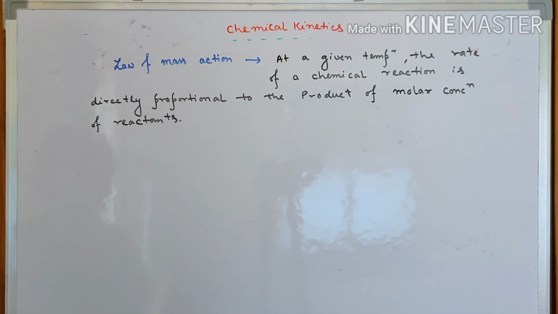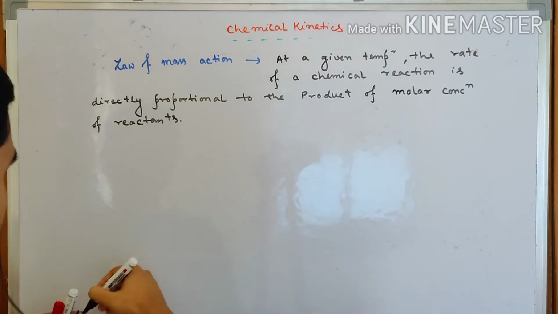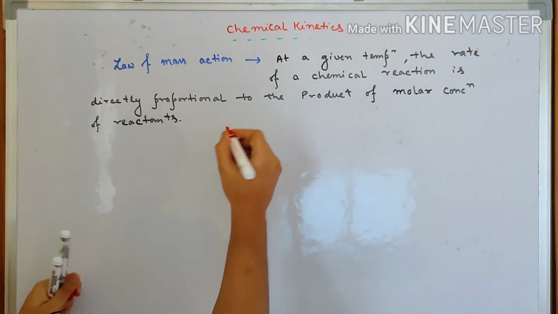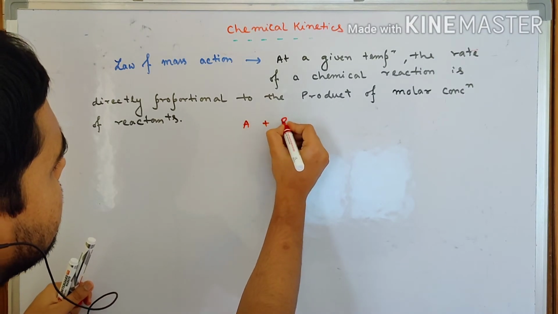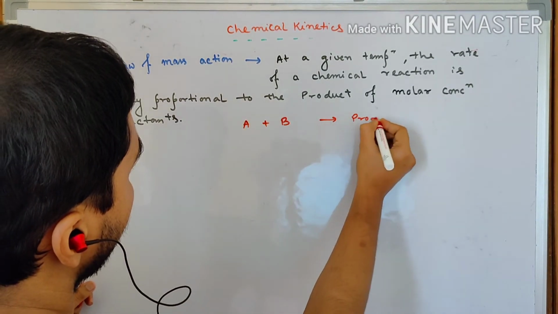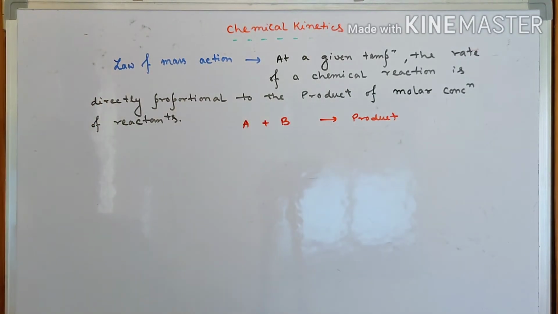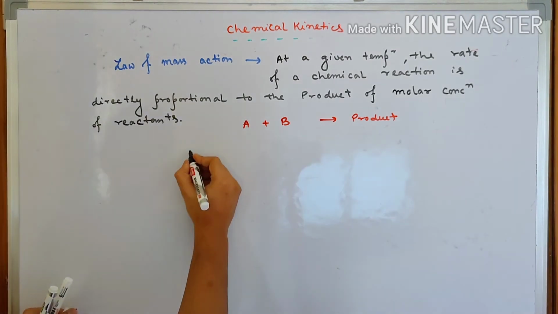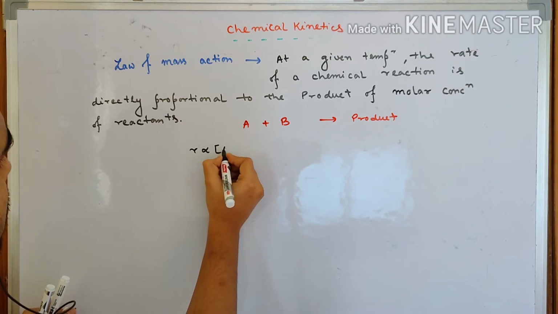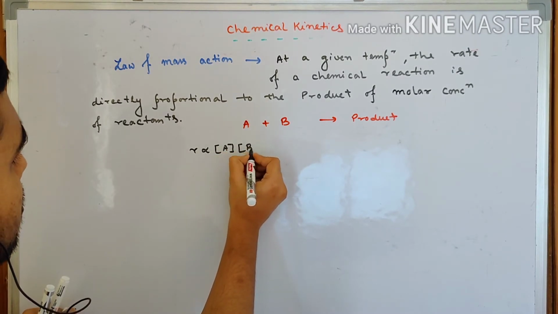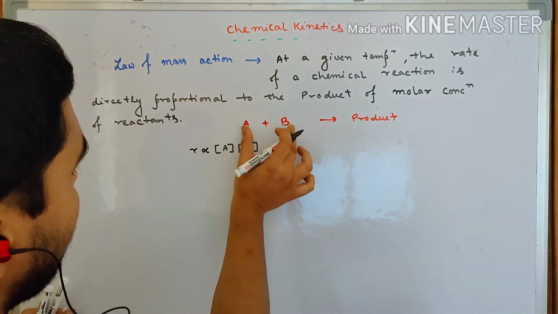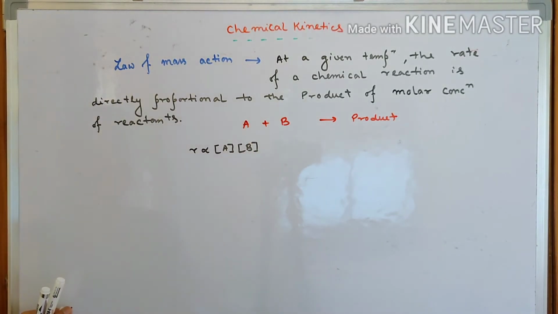So suppose the reaction is like this: A plus B is giving rise to product. According to this, we should be writing that the rate will be proportional to A into B, because these two are the molar concentration of reactants and we have written them in the product form.